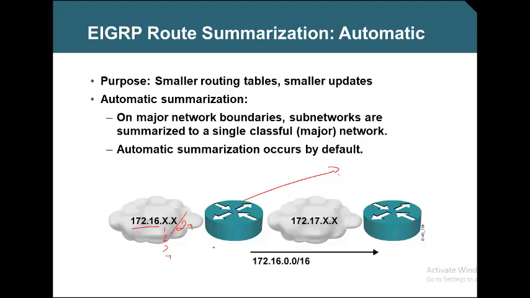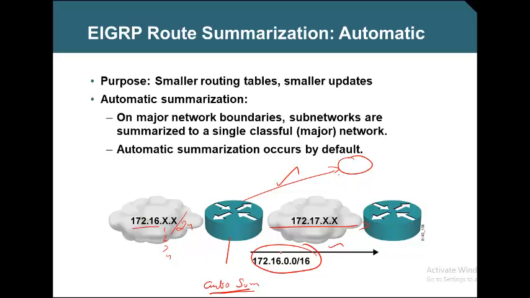Now when I enable auto summarization, not only to this neighbor, it advertises the classful major summarized route. It is also going to send to this neighbor. Just one command, which is done under the router EIGRP, automatically summarizes and sends on every link, not just one link.